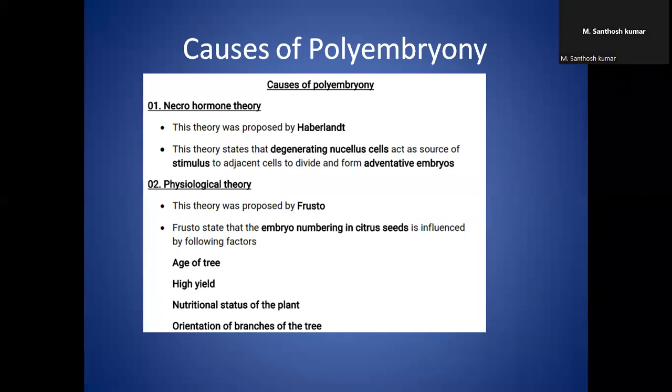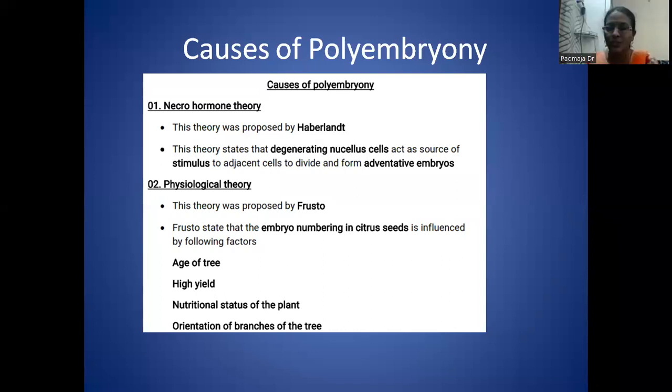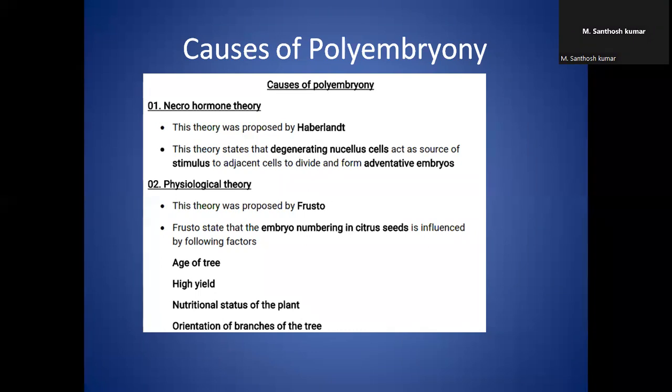The theory states that disintegrating nucellus cells, that means the mass of nucellus cells present in the ovule, will sometimes disintegrate, and these disintegrating cells will stimulate the adjacent cells to release some type of necrohormones. These cells are stimulated and help the adjacent cells to divide and form the adventive embryos.